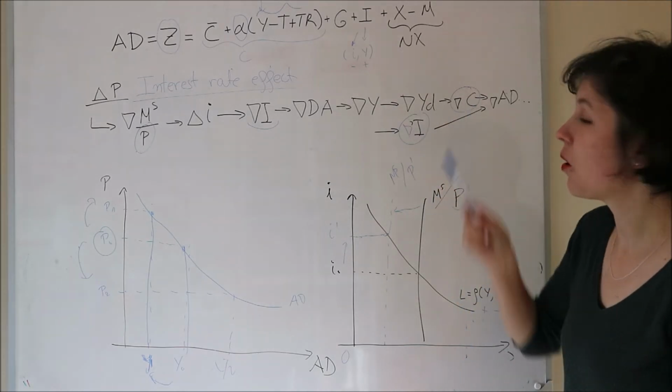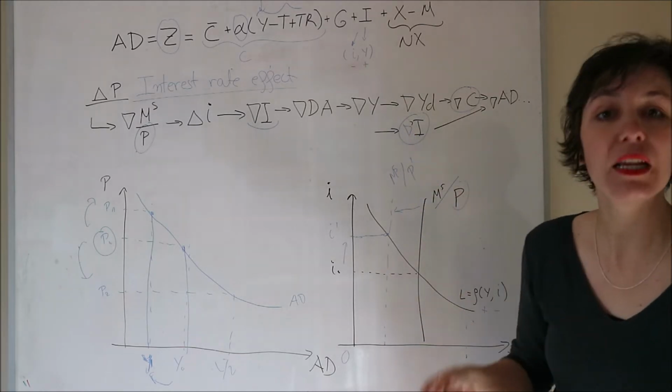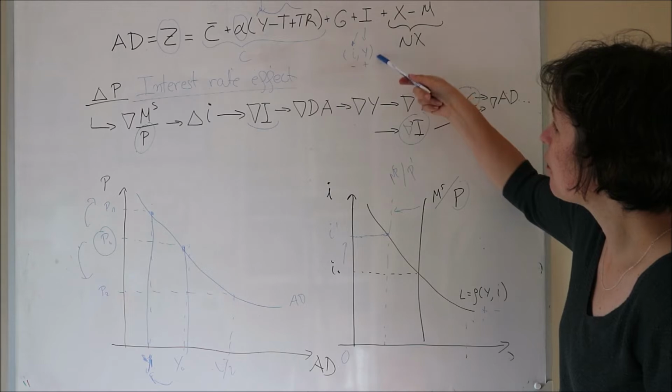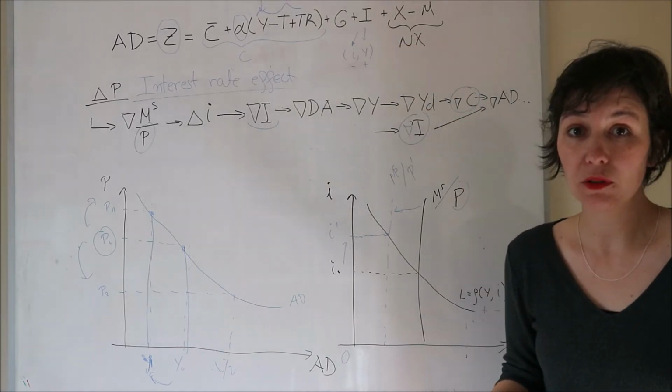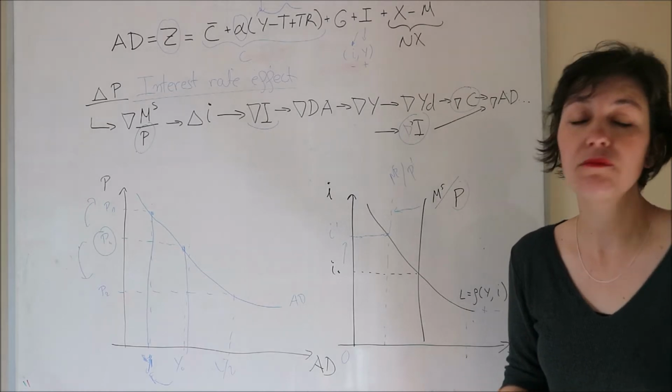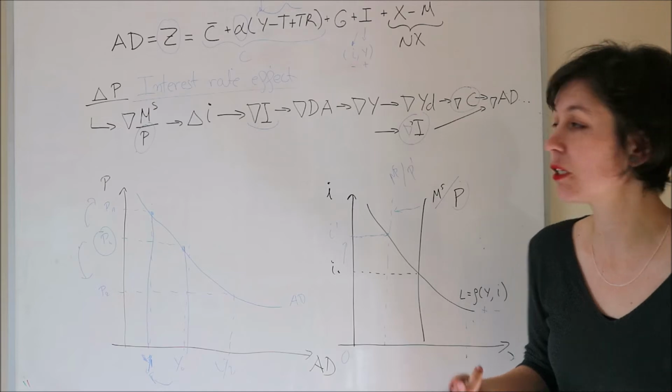And finally that means lower consumption, but also lower output means that investment is going to decrease. As we observed previously, investment is also related with the level of output. And if the economy is decreasing, the investment is not going to increase. Instead, it's going to decrease as well.